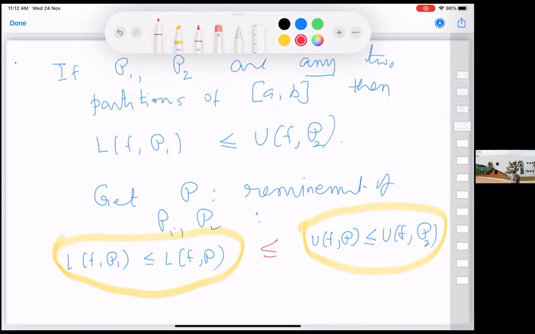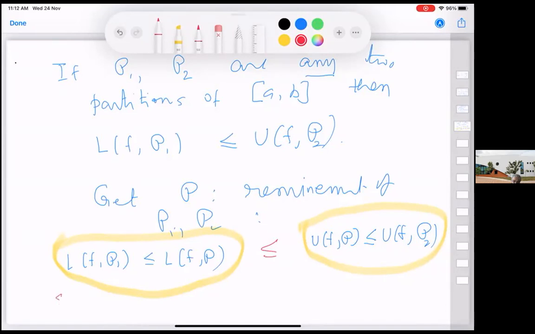Even maybe when you say all partitions, it will also include P2 there, but doesn't matter. So when we take the supremum over all partitions P1, each of them is less than or equal to UFP2. So the supremum will be less than or equal to UFP2.